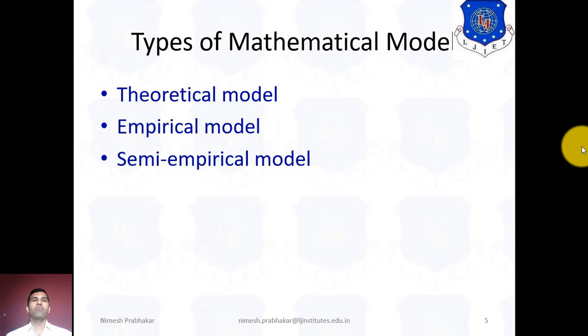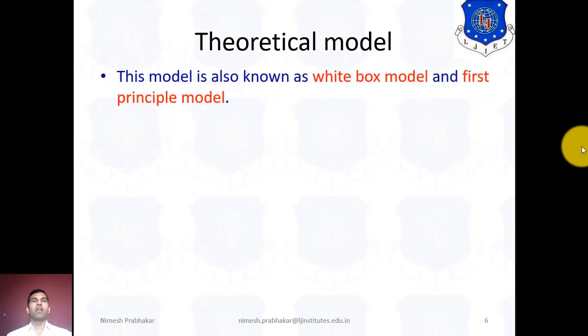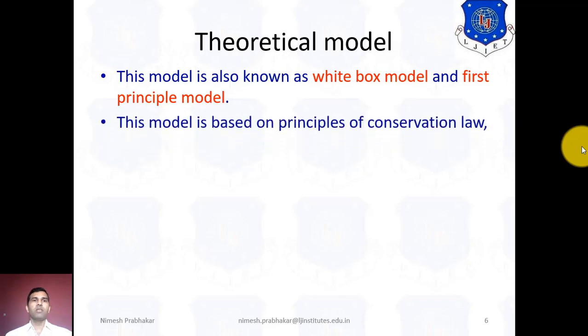Now we start with the first type, the theoretical model. This model is also known as the white box model and the first principle model. These are the different names of this model. In some books they write white box model, and in some books they write first principle model. This model is based on the principle of conservation laws.